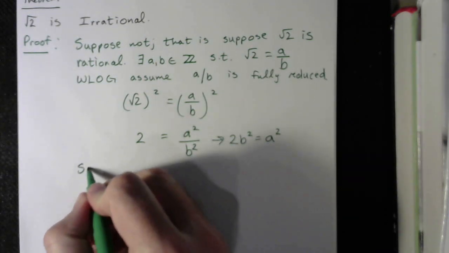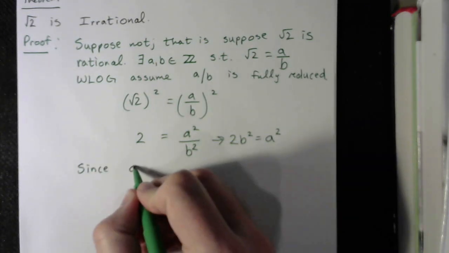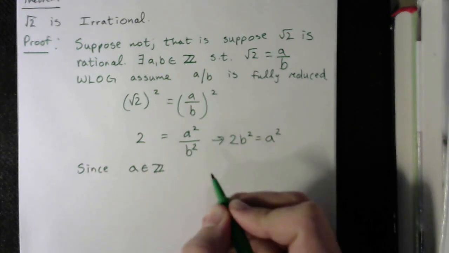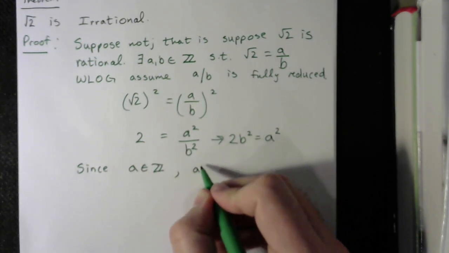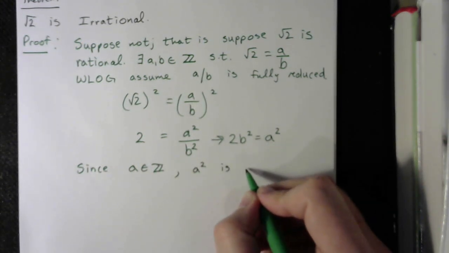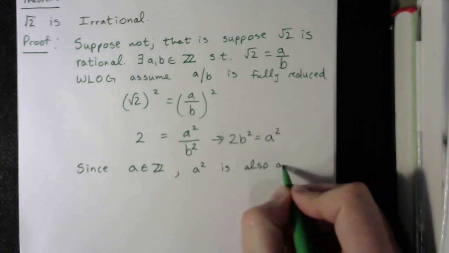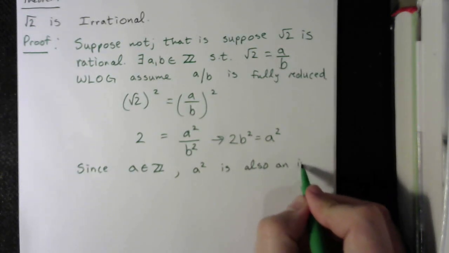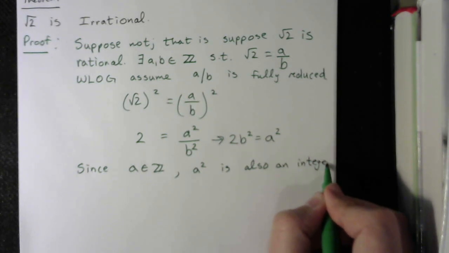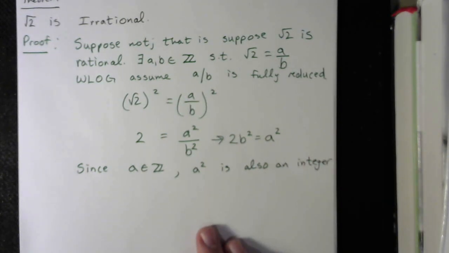So, since a is an integer, a squared is also an integer. Make sure we fit it in there.